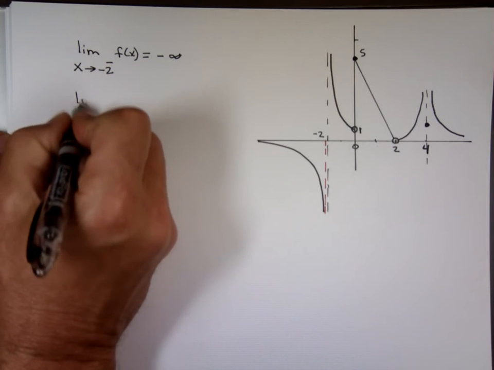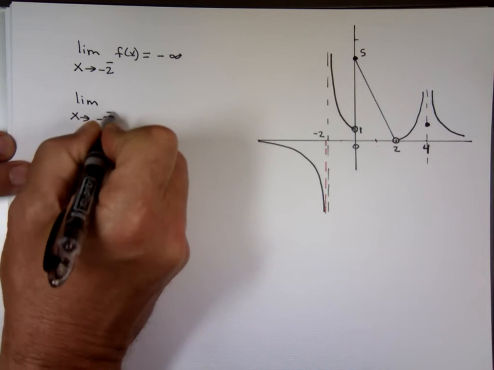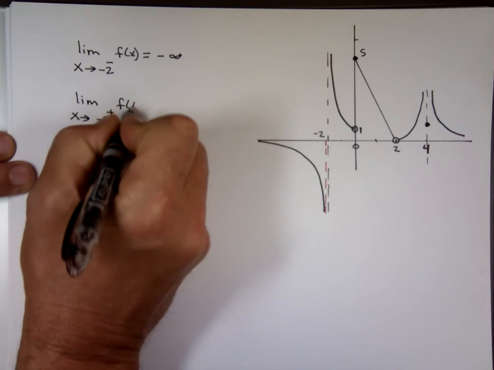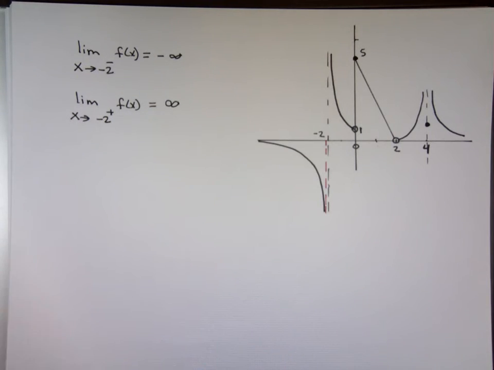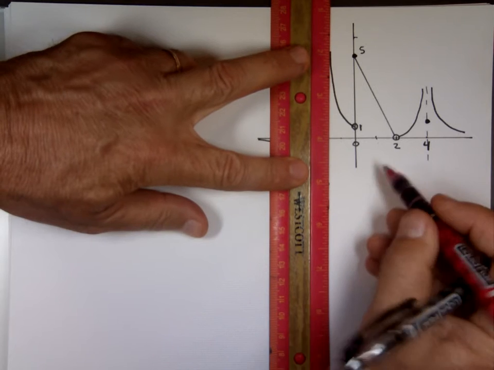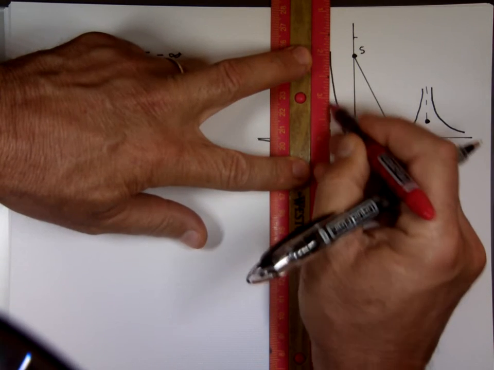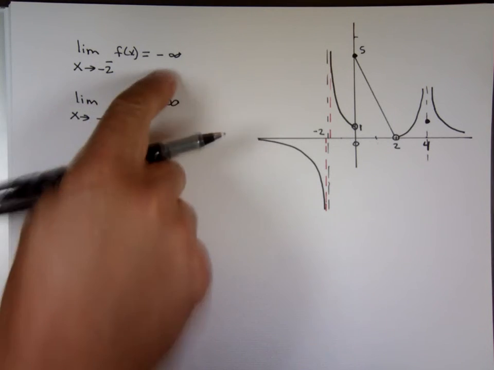What's the limit as x approaches -2 from the right? Positive infinity. Notice where it touches it. From the right side, there's no function on the bottom. It has to be on the top. So it touches right up there. Plus infinity. So if we ask you from the left, you write -infinity.